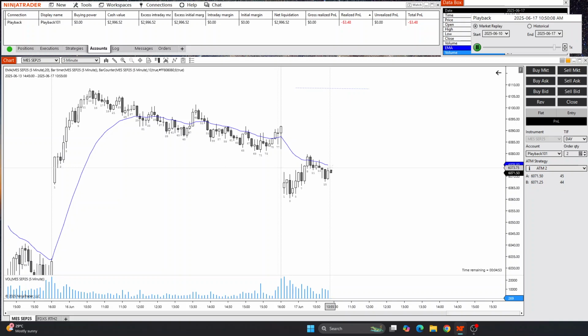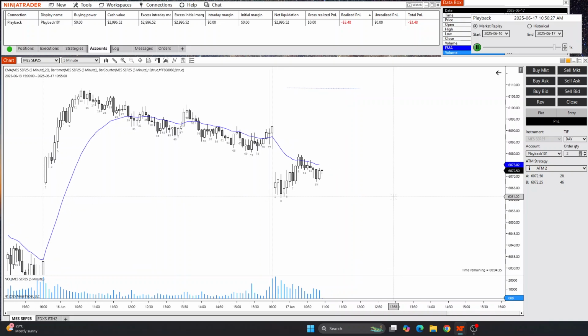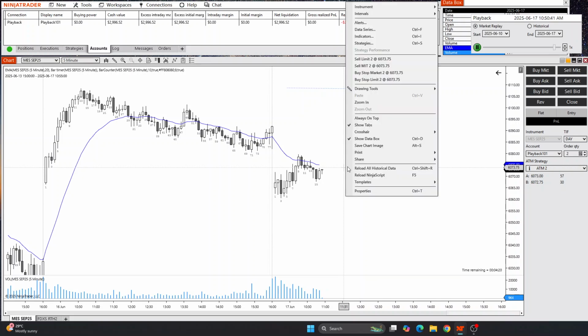I would have placed my stop, if I didn't move my stop to break even, just one tick above this 16th bar, high of the 16th bar. So bears are not getting much follow through here, so I think it's a good spot to buy.